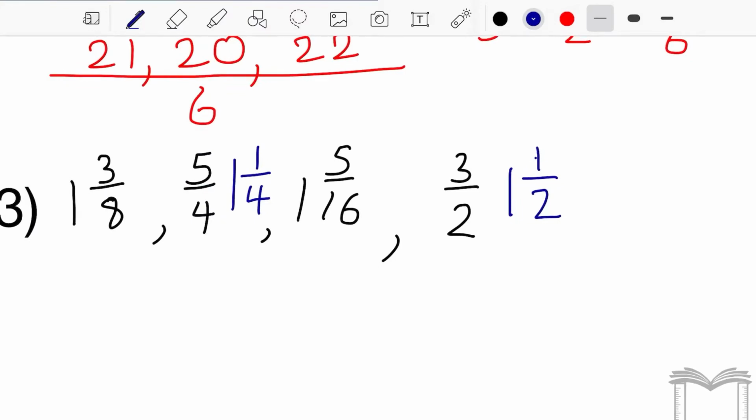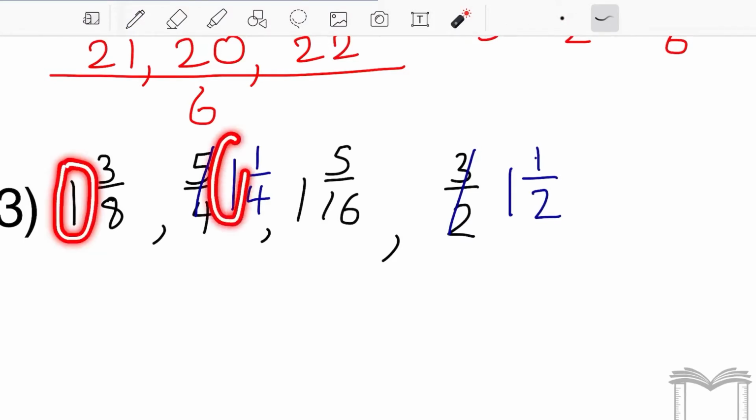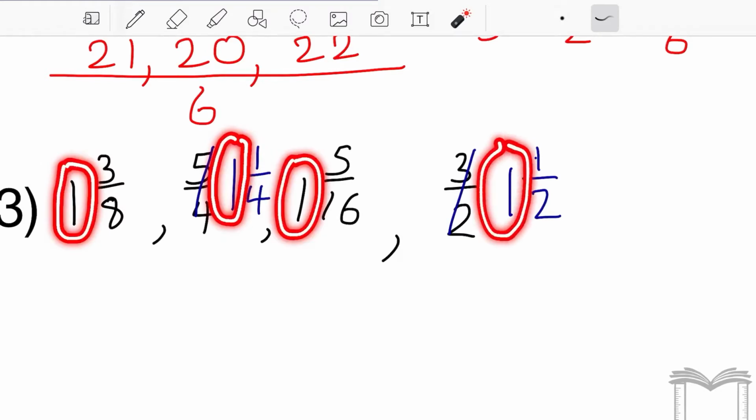So we will just cancel this for now so that we don't get mixed up. So before we go on, we can see that all of them have the same whole number, which is 1.